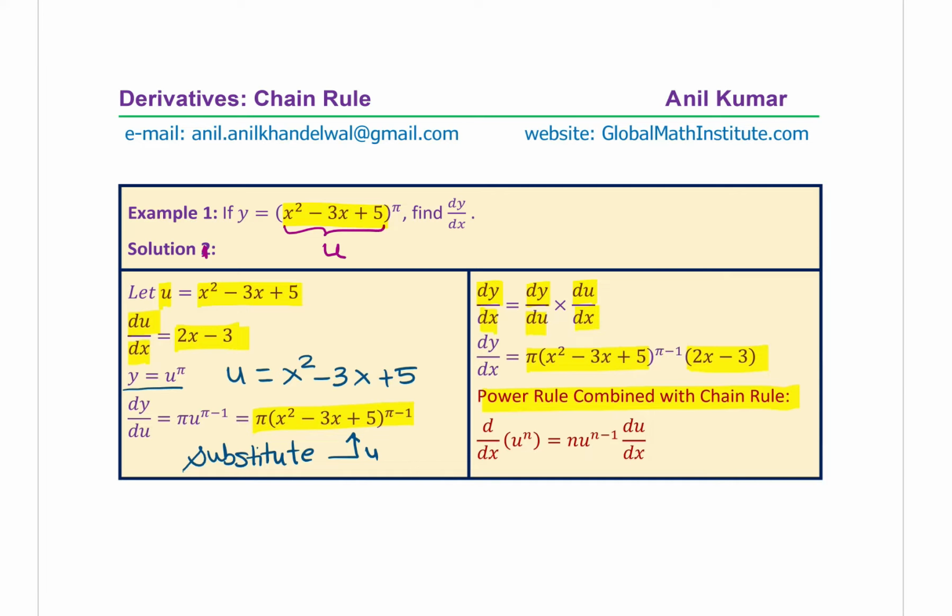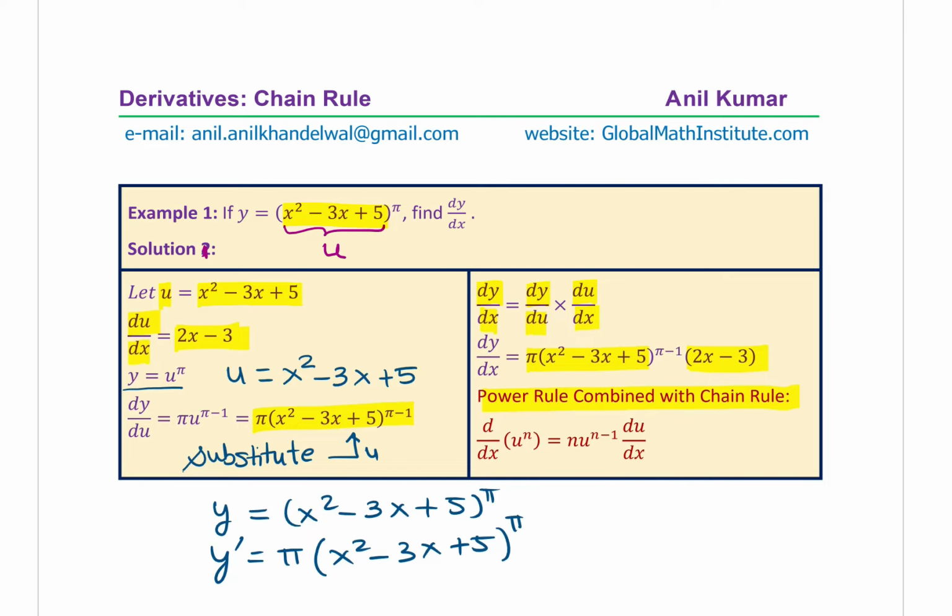So if I have to apply the rule, I'll write this as y is equal to (x squared minus 3x plus 5) to the power of pi. In that case, y dash will be pi times, pi is a number, (x squared minus 3x plus 5) to the power of pi minus 1, right, times the derivative of the inside function, which is x squared minus 3x plus 5.